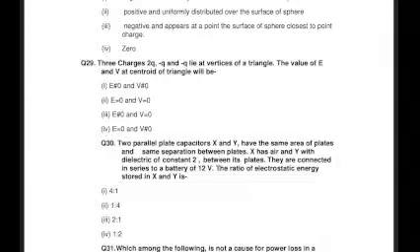The ratio of the electrostatic energy stored in X and Y is: 1. 4:1. 2. 1:4. 3. 2:1. 4. 1:2. Correct. The answer is 3, 2:1.